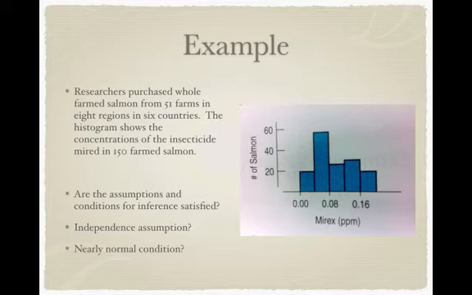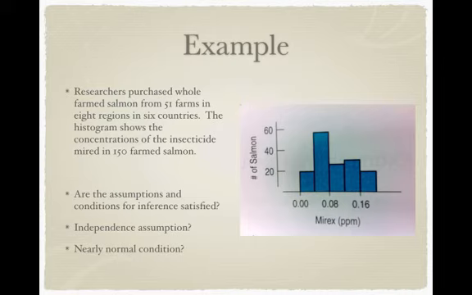Now we have 2 assumptions that we have to look at. First one, the independence assumption. What this means is it has to be a random sample. In this one, it's not truly random, but the experiment, I think in this case, is suitable because we've got quite a large range where these fish came from.